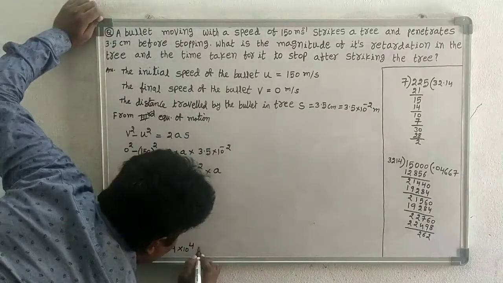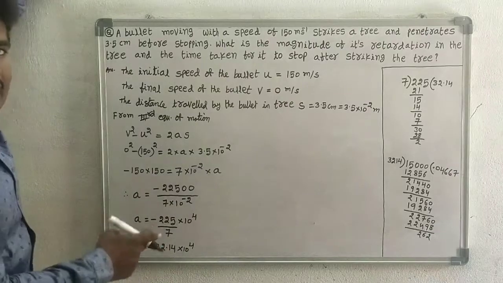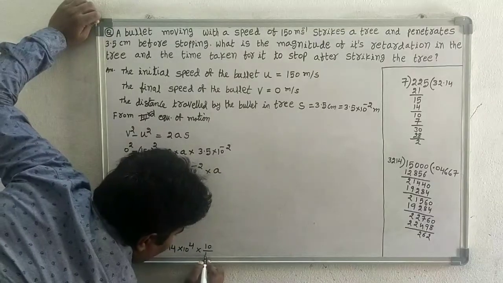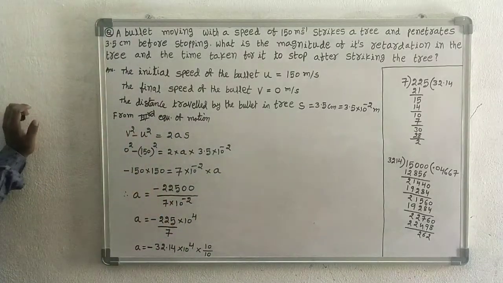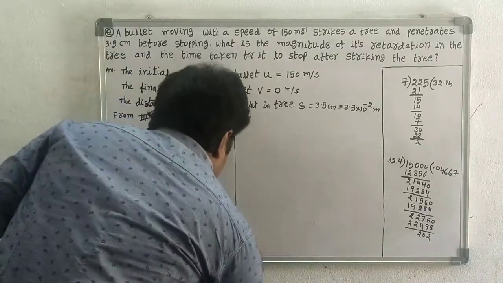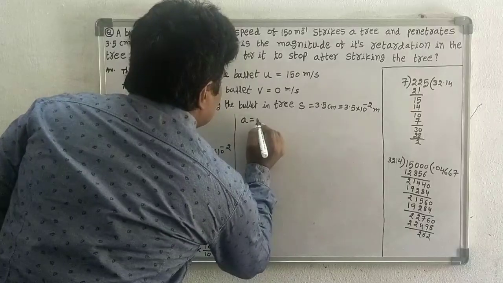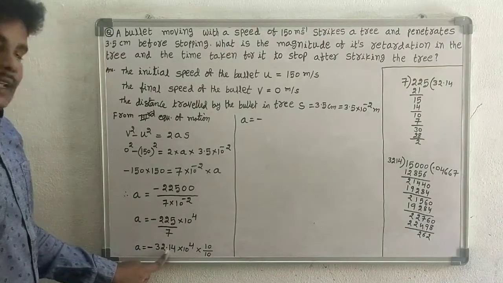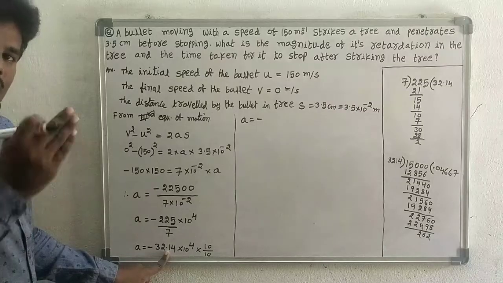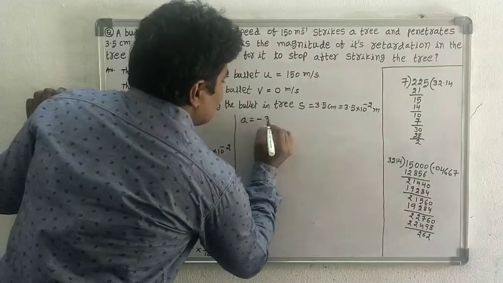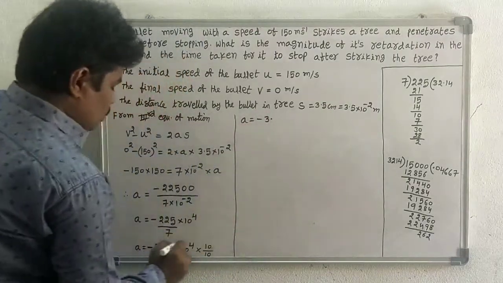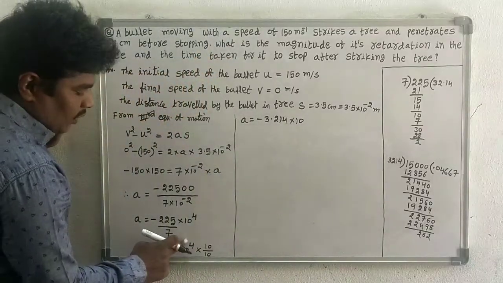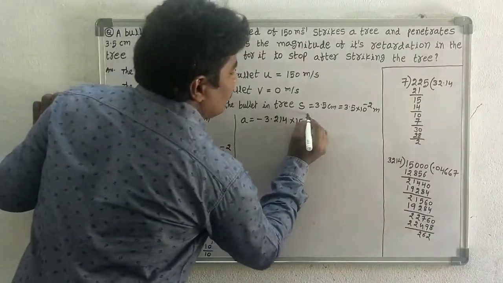When we rearrange this value, we multiply and divide by 10, the decimal point moves one place towards the left, then we get 3.214 into 10 to the power of 4, and this one we get 5.